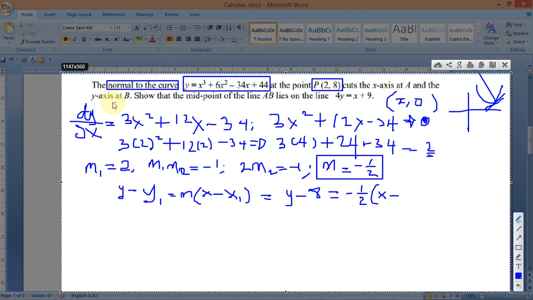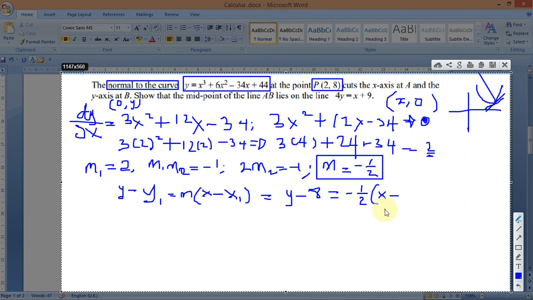And it cuts the y-axis at point B, which is 0 comma y. Don't forget, both are boundary points. So at an instant y will be 0 and I'll find my x, and when x equals 0, I'll find my y for this equation.